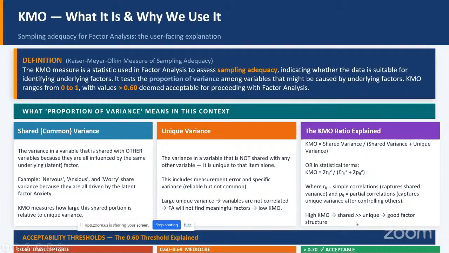We will go with the factor analysis when the shared variance is much greater than the unique variance. So these are the thresholds. When you get the study material, you will see this. For acceptance, the KMO must be greater than 0.7. Okay. Before that, these are not that acceptable.